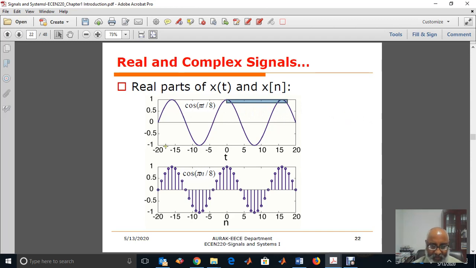And for the discrete time, the only difference is that this is continuous, and I have the sampled values of this, like this. Again, the fundamental period here is 16. So at 0 it was 1, and then at 16 it starts to be 1 again.